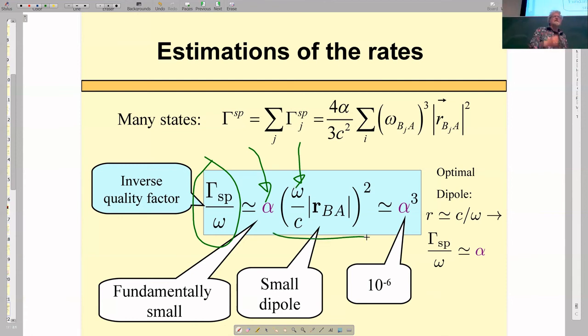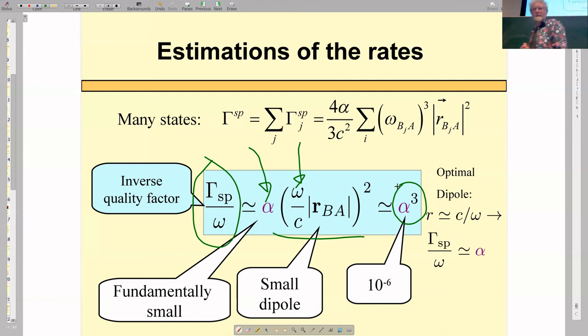So there's another small factor because of that. And if you express this factor in terms of alpha, it gives you another squared alpha. So the rate is proportional to alpha. This dimensionless ratio is proportional to alpha to the power 3, one millionth. That quantifies how slow the decay processes are in excited states of atoms.